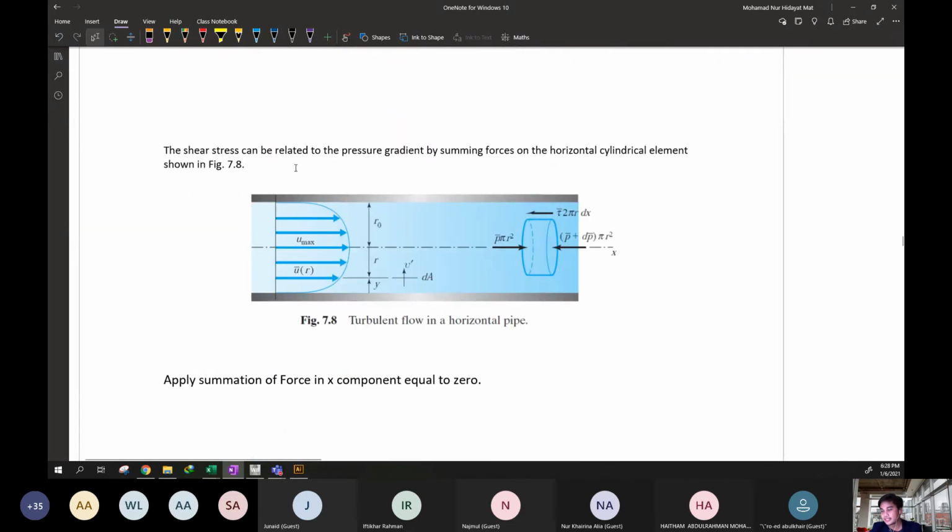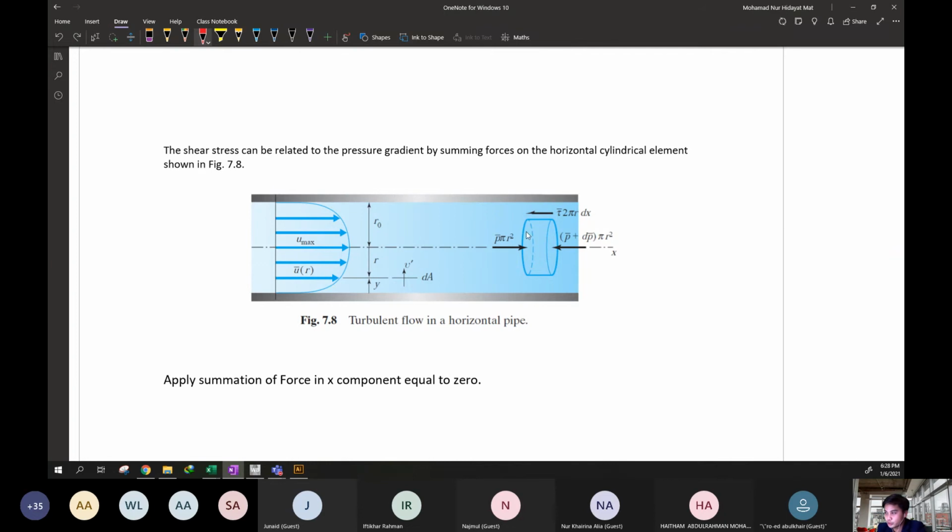So the shear stress can be related to the pressure gradient by summing the forces on the horizontal cylindrical element. So now we need to apply again the control volume elemental approach. Remember that previously, in the derivation for laminar flow, we used the elemental approach.